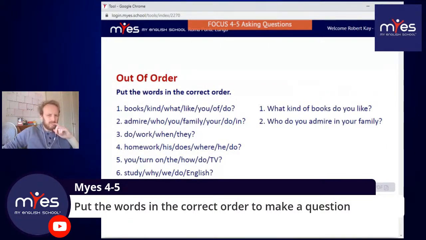So if we look at number 3, what do you think?